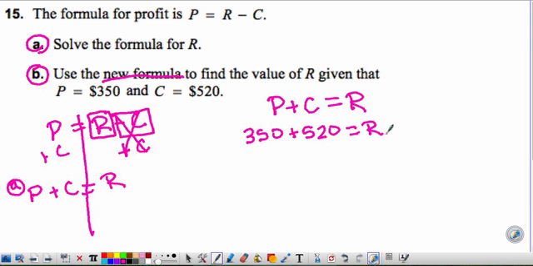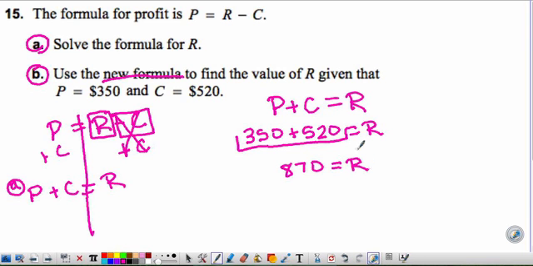Since it's P plus C, I had to add them up, and I added them in my head. 50 plus 20 equals 70. Then 300 plus 500 equals 800. So then I just add 800 plus 70, which equals 870 in my mind.